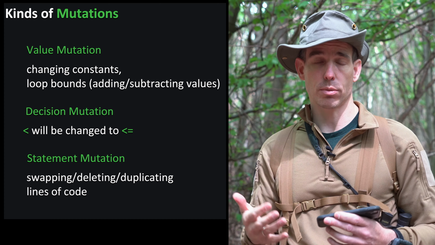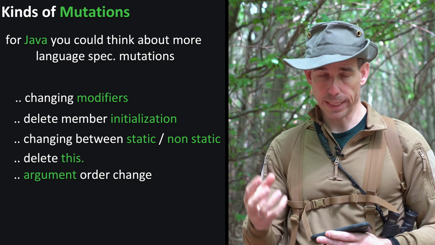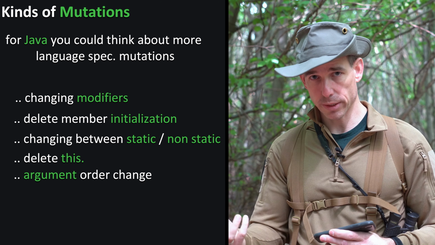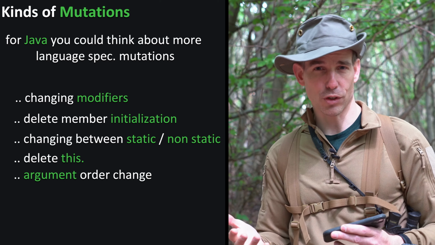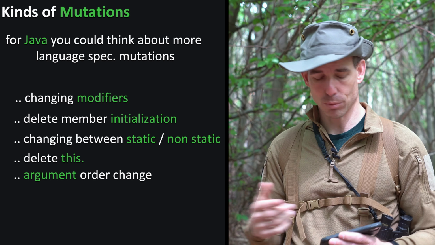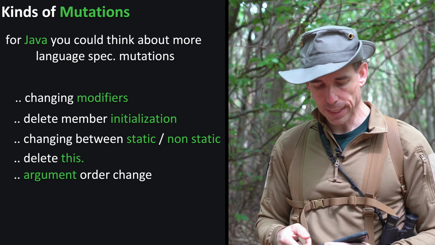And then we have, for example, the Java specific ones. It means for every language, if you have a mutation testing framework, you have these language dependent or language specific mutations as well. So for example, here we have changing modifiers. You could have a change between static and non-static. So something is not static, you're making it static, and see what concurrency is doing, for example.